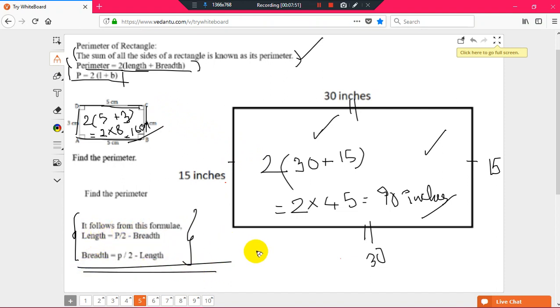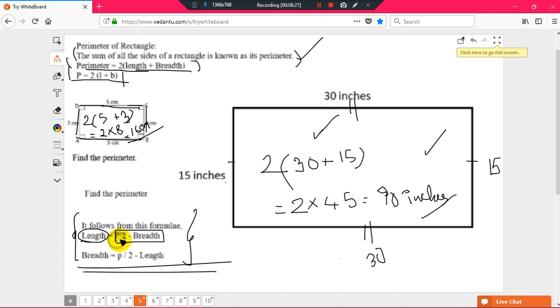In some problems, instead of the perimeter, they will say to find the length, and they will give the perimeter and breadth. So how to do it? I'll show you. For length, we put P by 2 minus breadth.